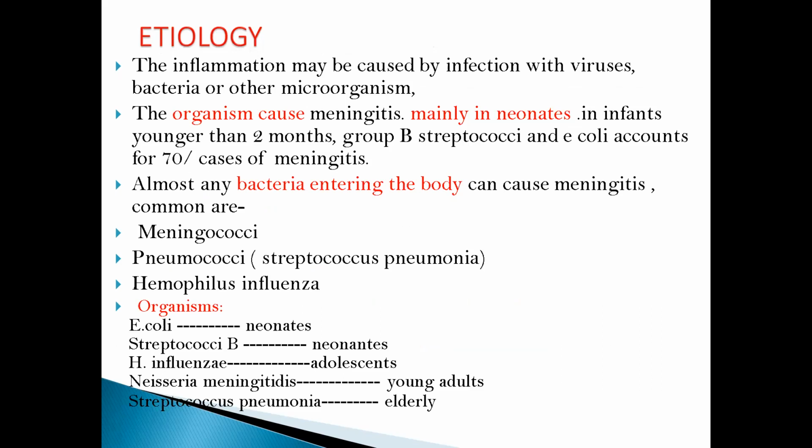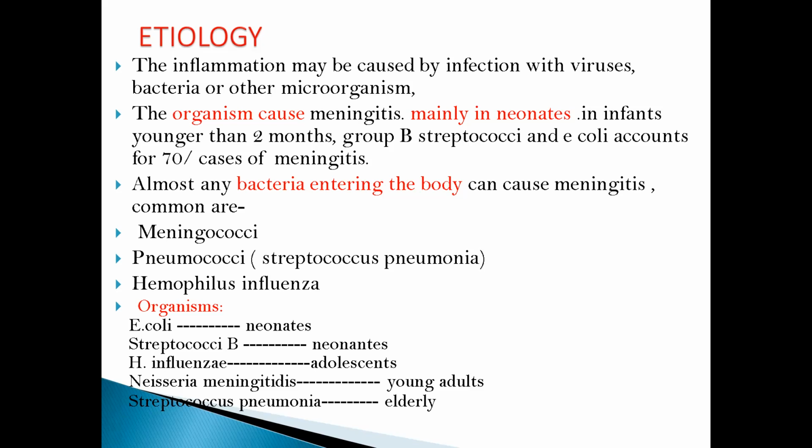We have already seen that the inflammation may be caused by infection with viruses, bacteria, or other microorganisms. The organisms causing meningitis mainly in neonates and infants younger than 2 months are group B streptococci and E. coli, which account for 70% of cases.